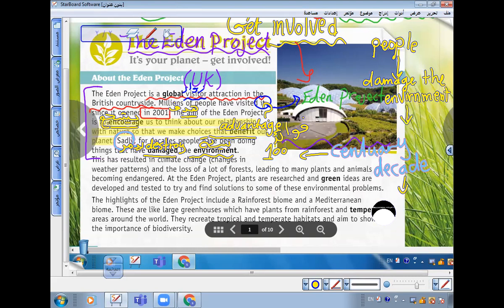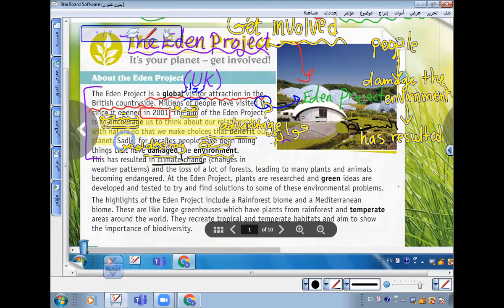This has resulted. What does the destruction of the environment lead to? What is the result? Bravo. The destruction of the environment that people cause leads to, number one, climate change. Like what? We are in November, right? Before 20 years, in November you should have heavy rain.